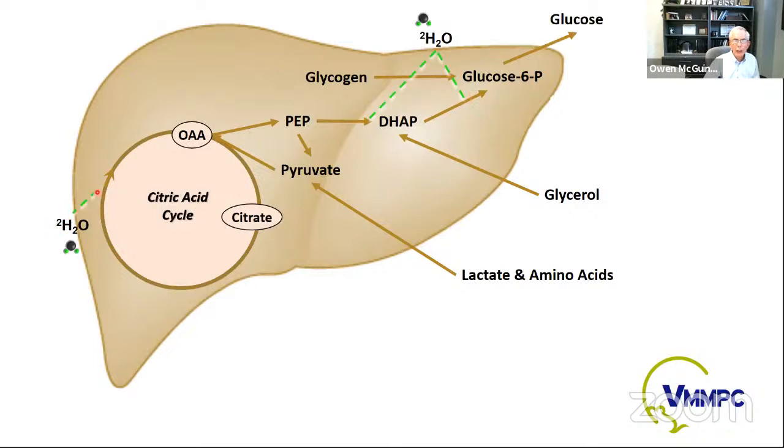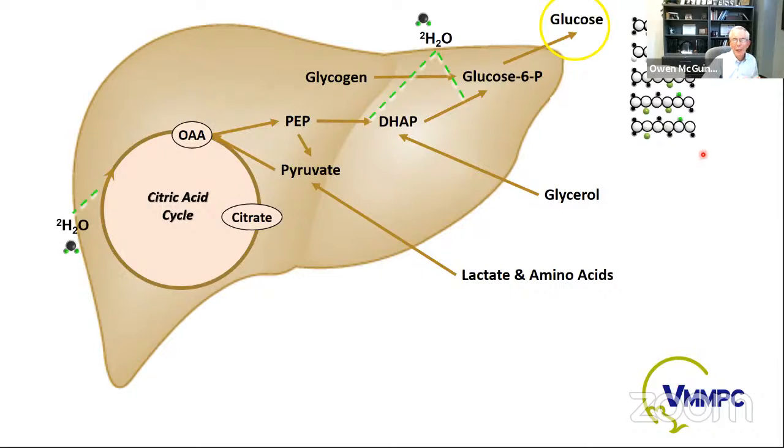And because the deuterium is incorporated at different steps, it will incorporate in different places within the glucose molecule. And so what we can do is measure in the glucose molecule using GCMS where the label is, and look at which position of that glucose molecule it's located in.